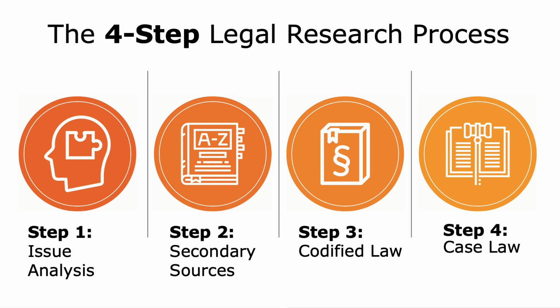Various types of codified law. Is there codified law on point? We want to know that before we start looking to case law, right? Our step 4, how does that case law interpret the codified law that's on point, right? We want to know about that codified law first before we start to look at the case law that interprets that codified law, right?